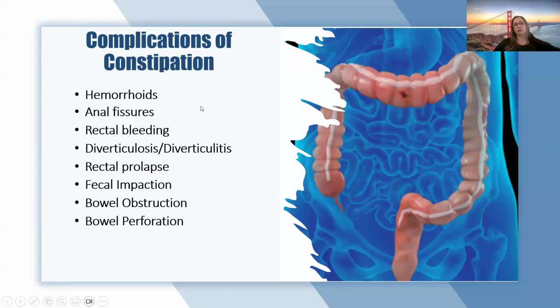Anal fissures, those are small tears that can occur around the anus, and fissures are extremely painful. It feels like there's a piece of glass in your BM. An anal fissure is not an emergency, but they're very uncomfortable.